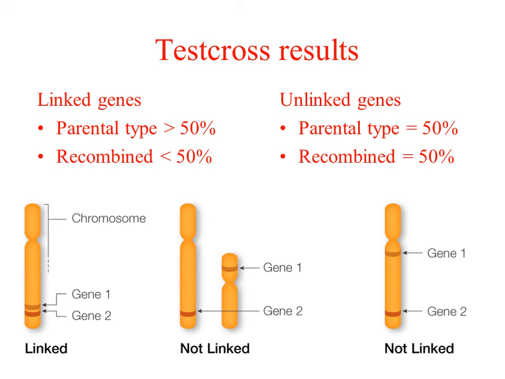And remember, unlinked means the genes can be on separate chromosomes, or they can be on the same chromosome, but the distance is so great that they act as if they are unlinked. So the second portion of this decoder key says if the parental types are over 50%, then the genes are linked. That means they are on the same chromosome and they're close enough together to migrate together.